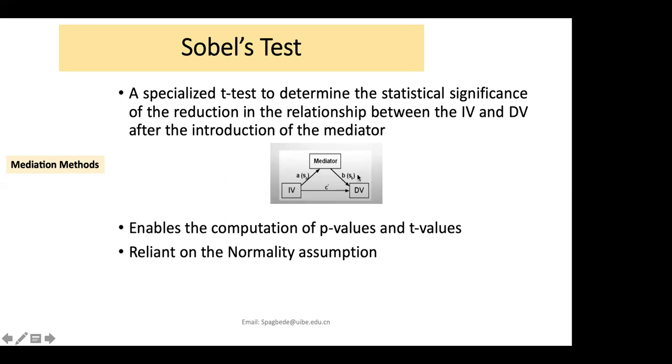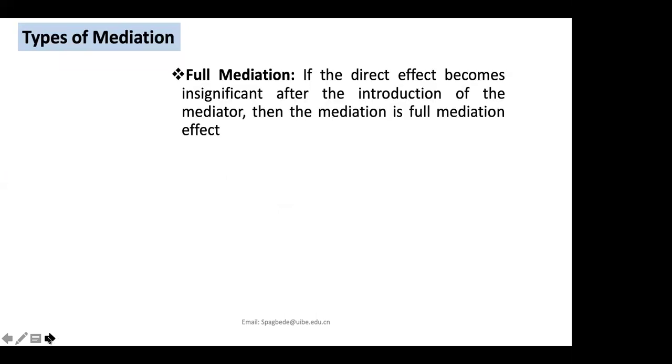Research has shown that multiplying them does not necessarily generate a normally distributed outcome. And that is also a problem with this approach. And so as time went by, we have better approaches which would evaluate.